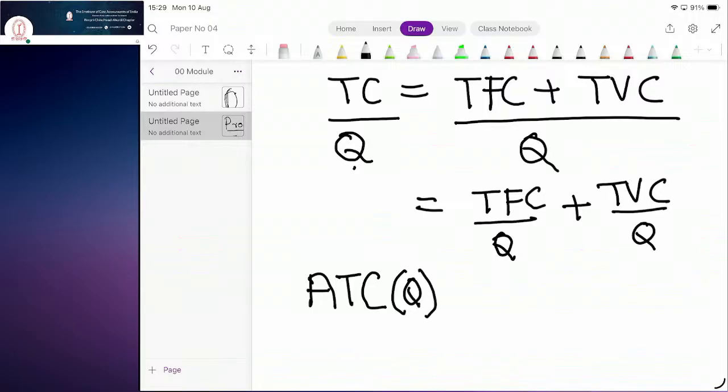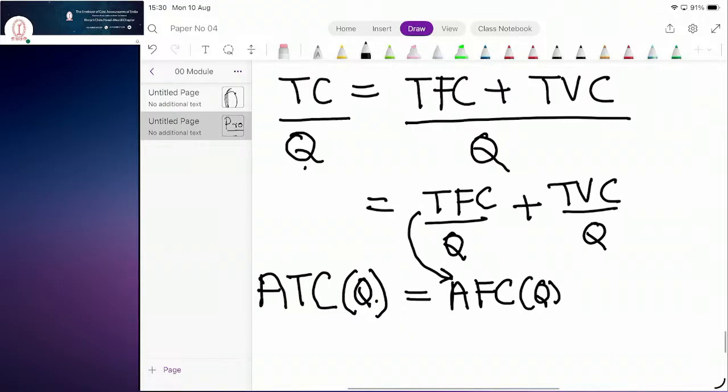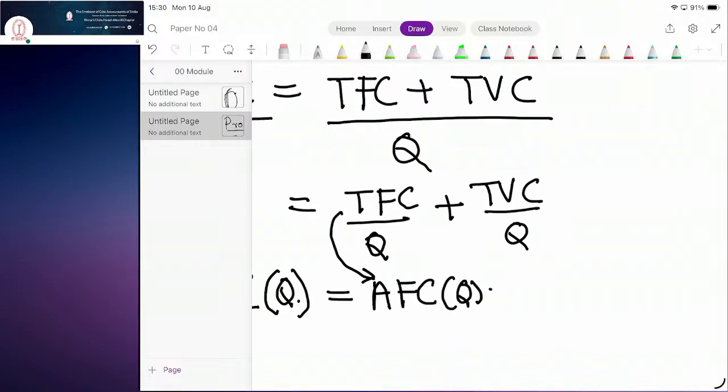It's a function of output produced, therefore I am writing ATC of Q. On the right hand side I have average fixed cost, AFC, which is TFC divided by Q. And what should I write for TVC divided by Q?